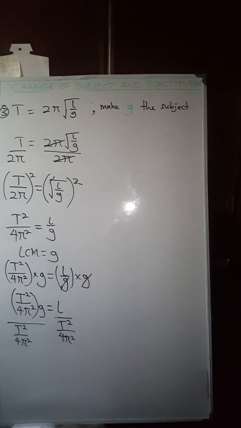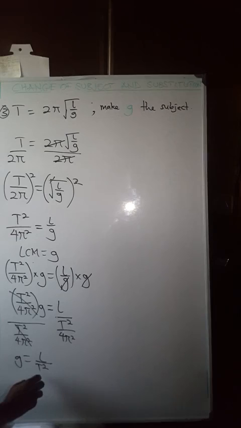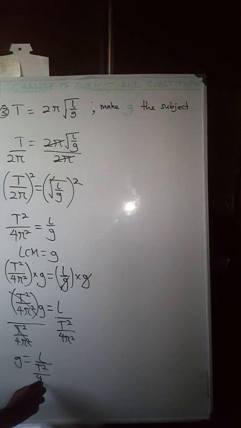Okay, and we have all this and then all that, and that will give us G is equal to L over T squared all over 4 pi squared. Right here.